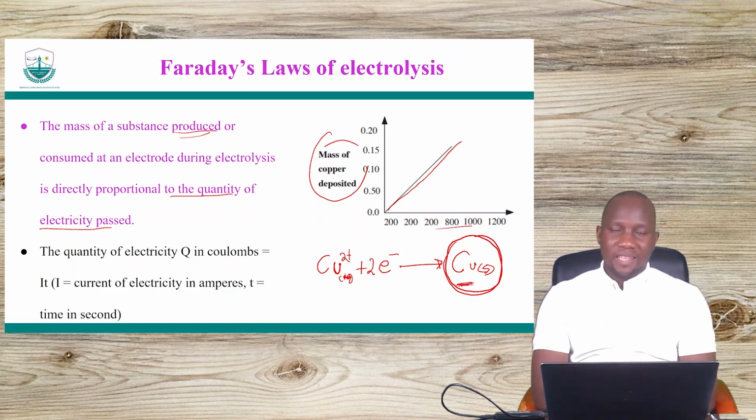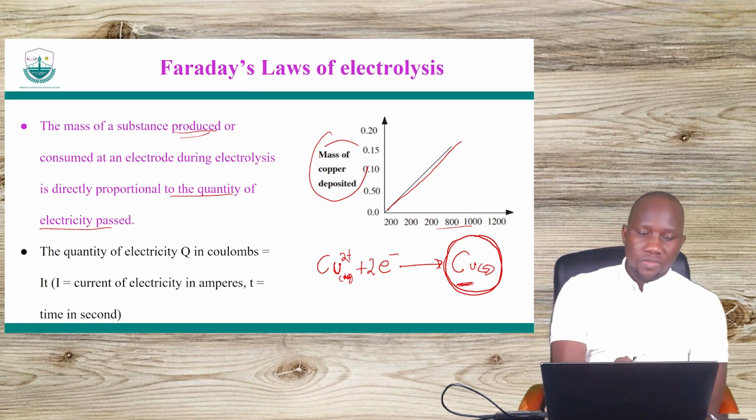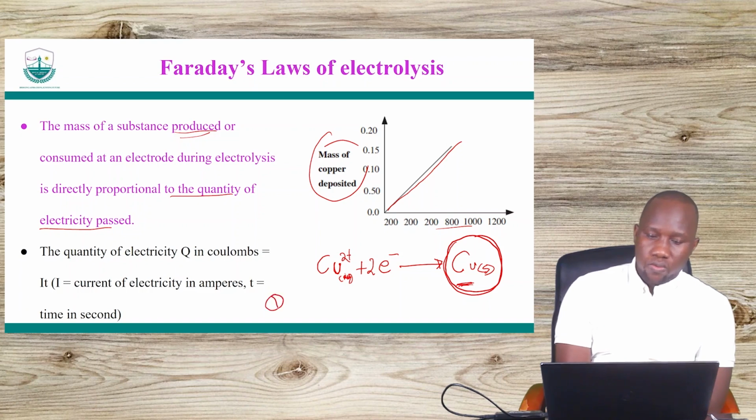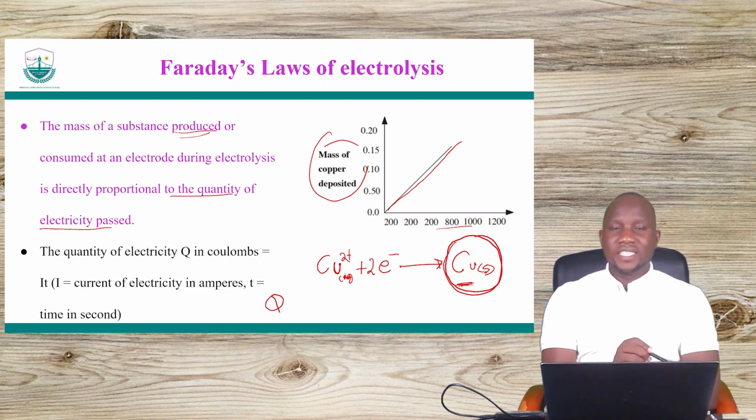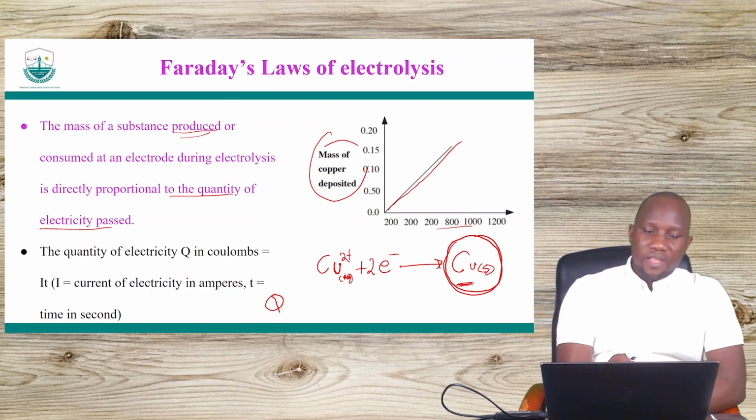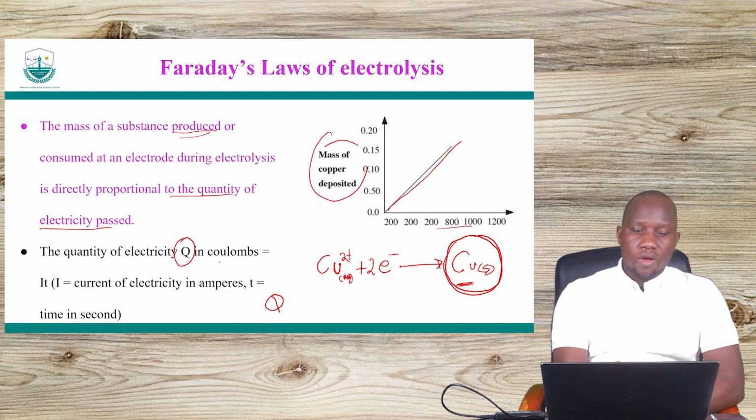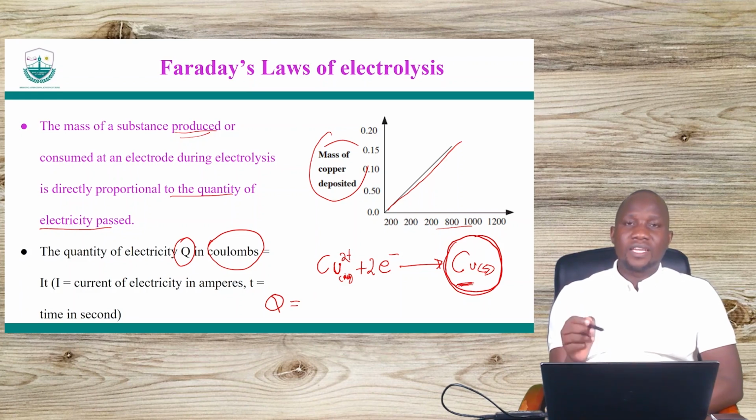Mathematically, we express that using Q to represent the quantity of electricity, and this quantity of electricity is in units called coulombs. This is directly proportional to the electric current being passed, and the electric charge is given by Q equals I times t.